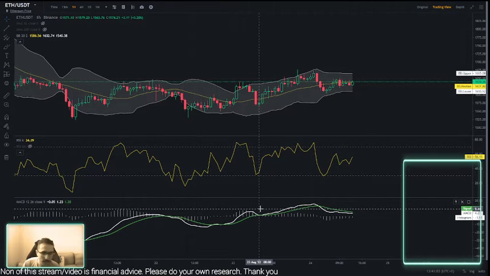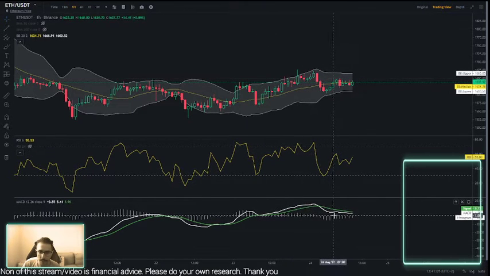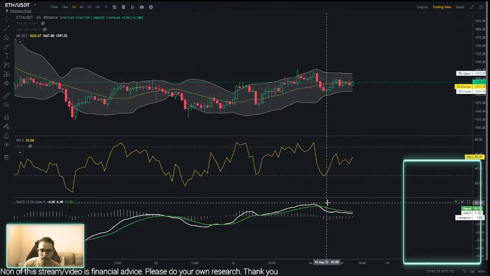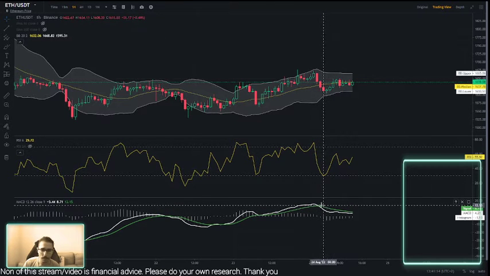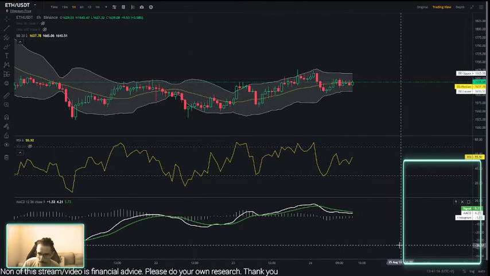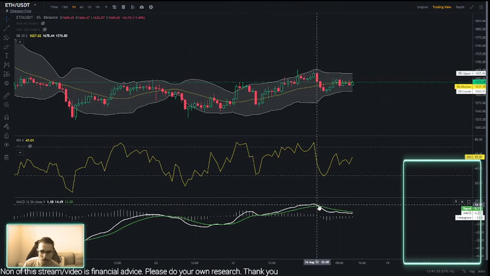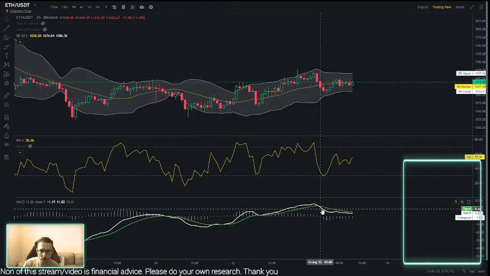What we see here is that the MACD line is still in positive territory, but the signal line crossed it from below. Being in the positive territory is pretty bullish. The fact that we crossed the signal line is pretty bearish. So this is not a good thing.